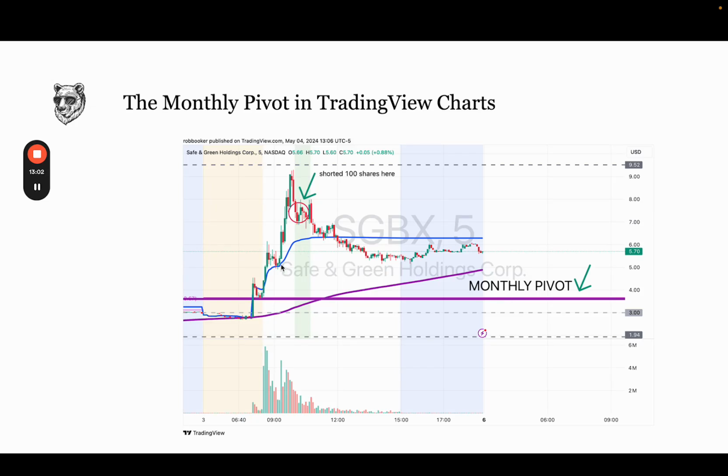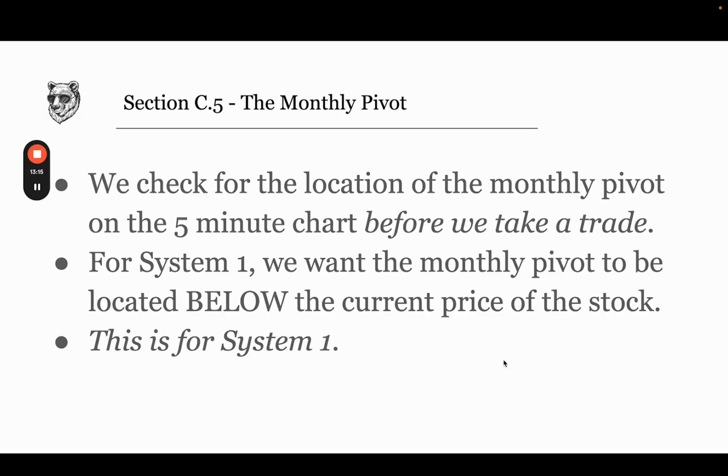We don't have to wait for the monthly pivot to be touched. But in order to take the trade in the first place, for a system 1 trade, we need it to have gone above the monthly pivot so that it will be magnetically drawn back down to it. So we check for the location of the monthly pivot on the 5-minute chart before we take the trade.